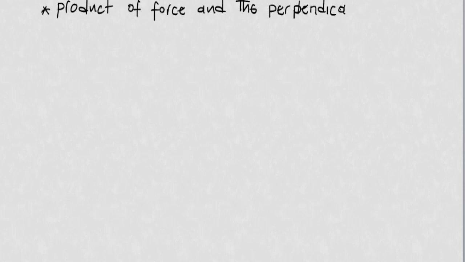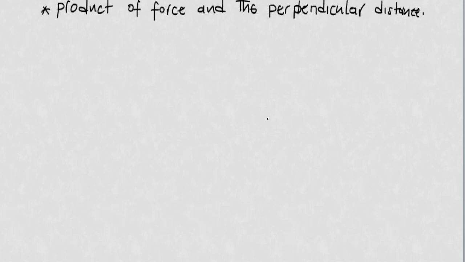Our interest here is that the distance is supposed to be from the pivot, so it should come from the pivot. We're saying moment is the product of force and the perpendicular distance, so we can just leave it there.